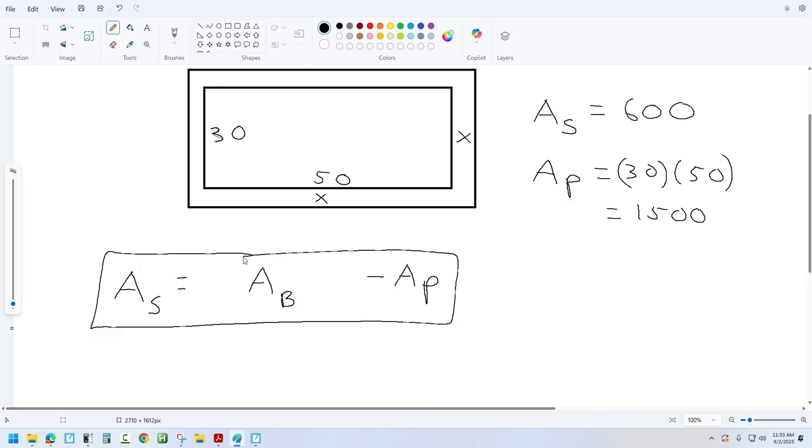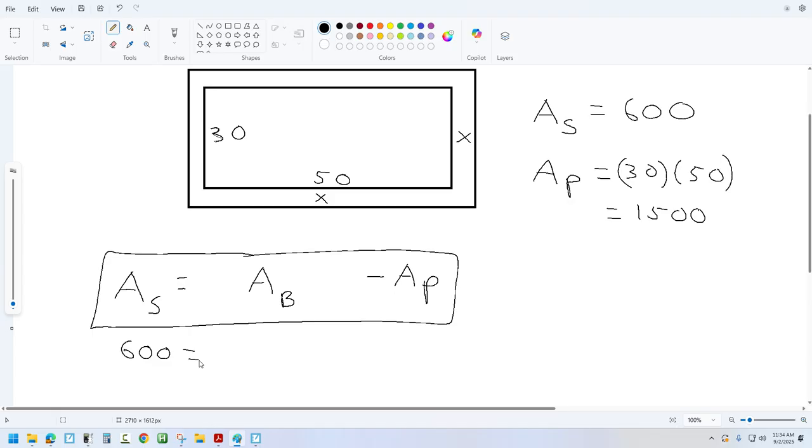Now we have to fill those three things in, either with stuff we were given or with something we have to calculate. Area of a sidewalk, were we given that information? If so, what is the area of the sidewalk? 600. Were we given the area of the big rectangle? No, that's not something we were given.